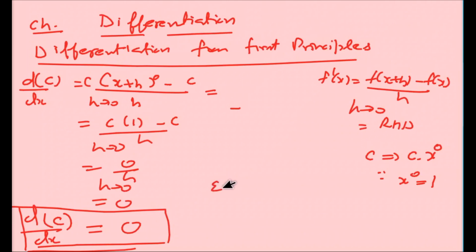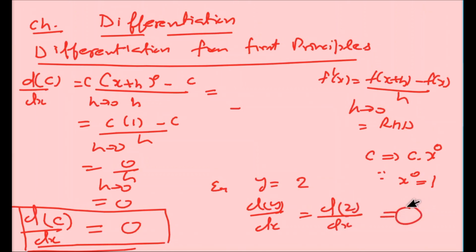Now example, if y equal to 2, then dy by dx, differential of 2, is equal to 0. Okay, now next question, if constant function occurs with any other function, then what can we find out?